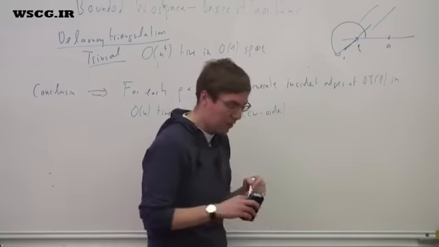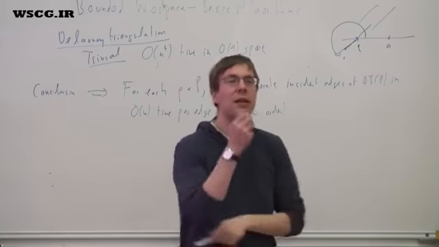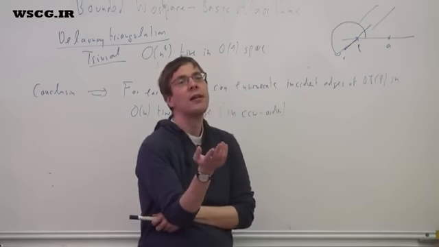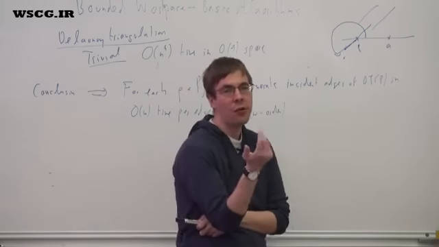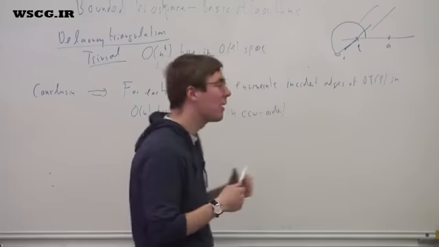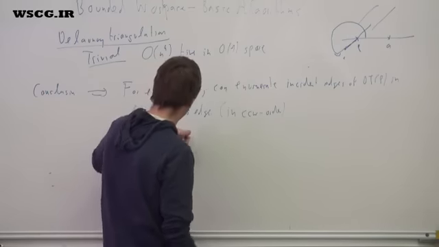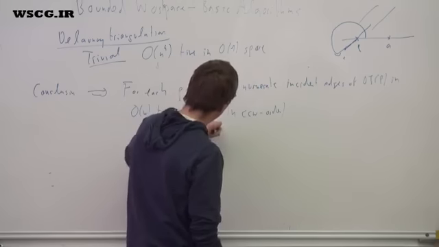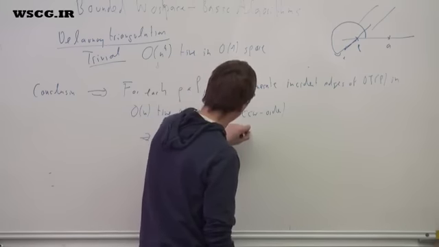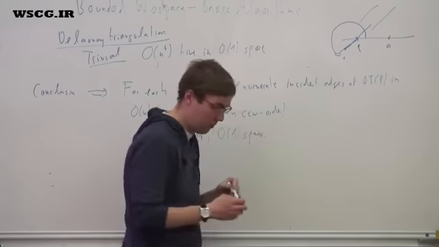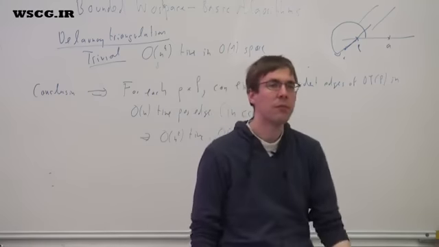Good. And so again, we need linear time per edge, and the triangulation only has a linear number of edges, so we again get, by the same argument, O of n squared time and O of 1 space. Yes? Everything clear so far?